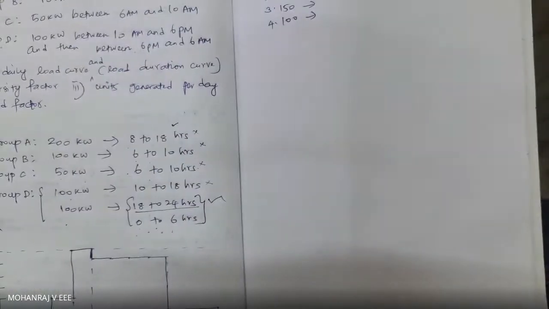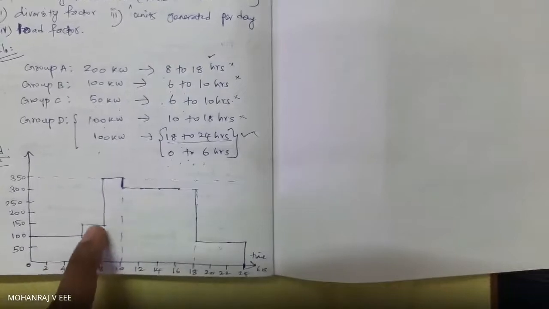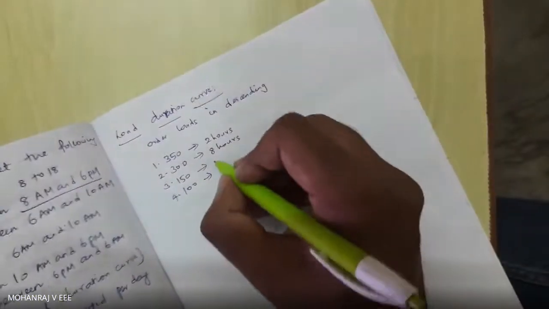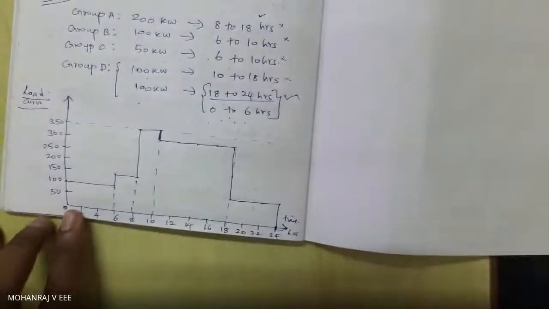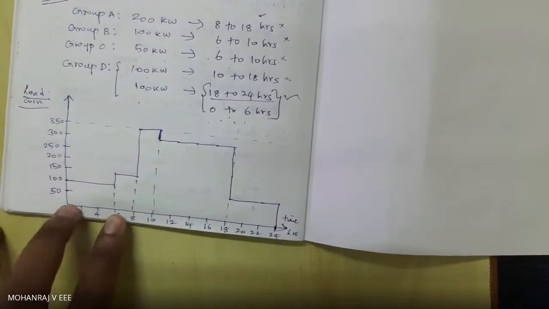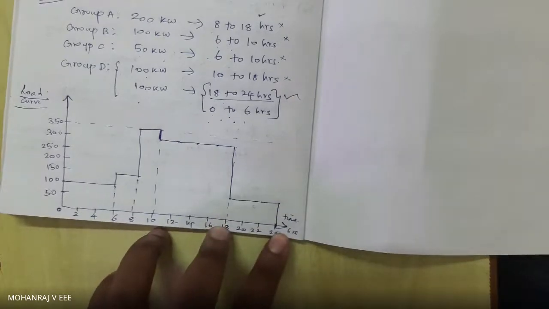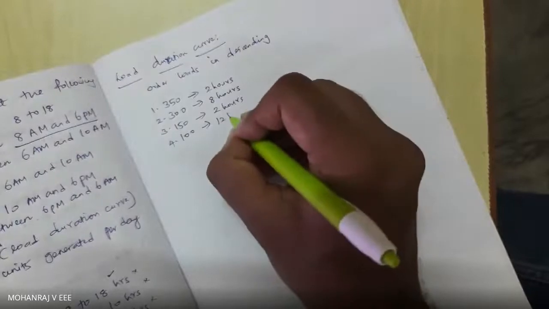Then 150. 150 is for 2 hours. Then 100. 100 is active for 6 plus 6, which is 12 hours.